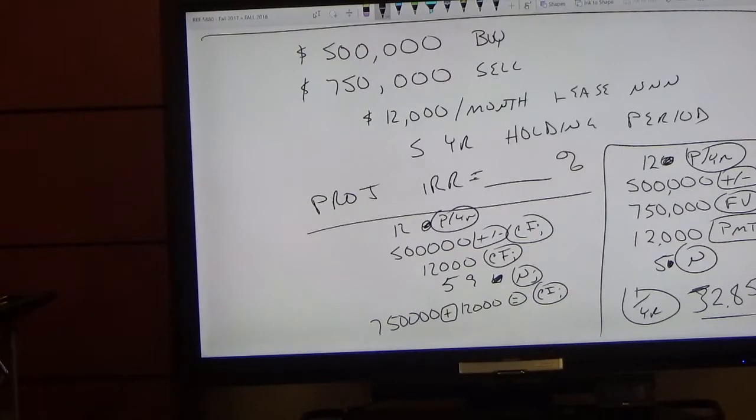What about if you do it per annual, the 144,000 in cash flow? Why would you do that? Because if you're calculating 12,000 times 12, if that's what you're getting.